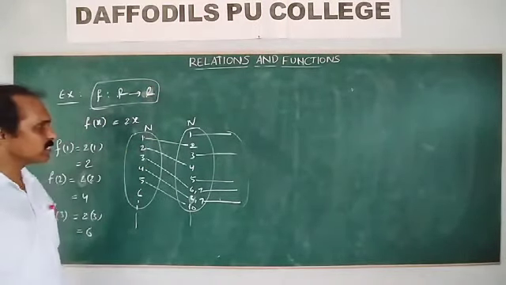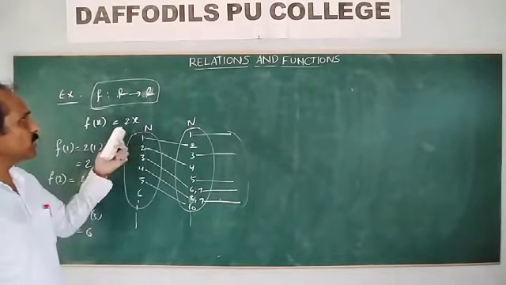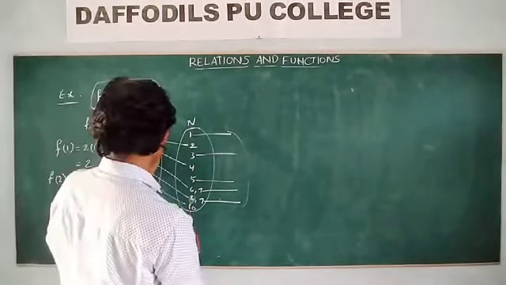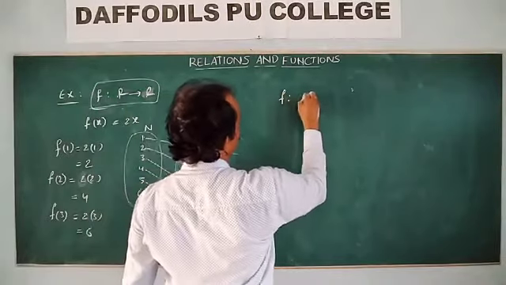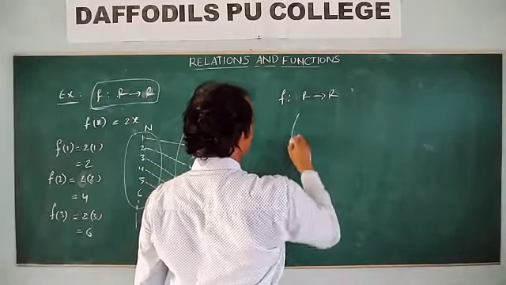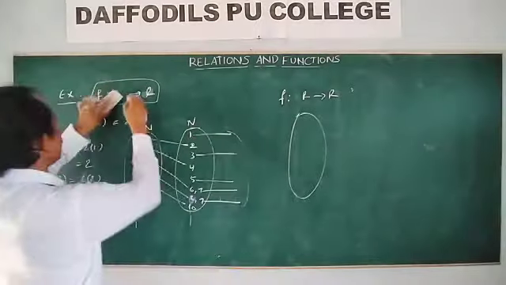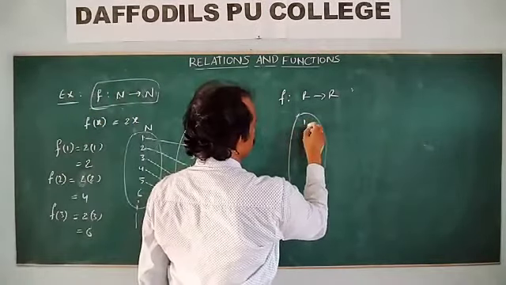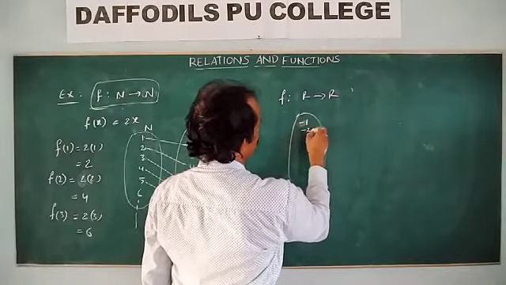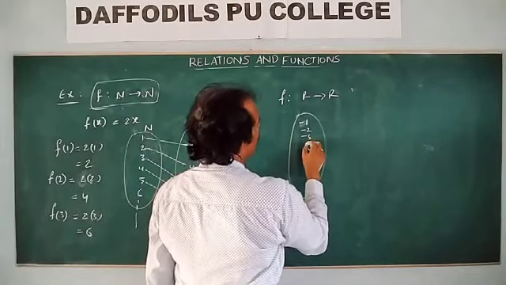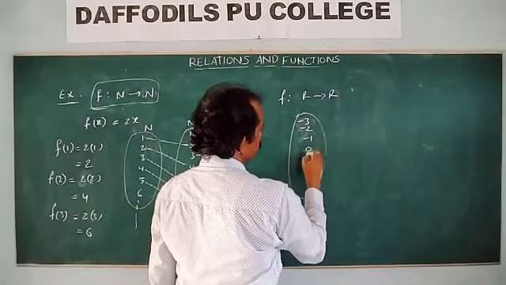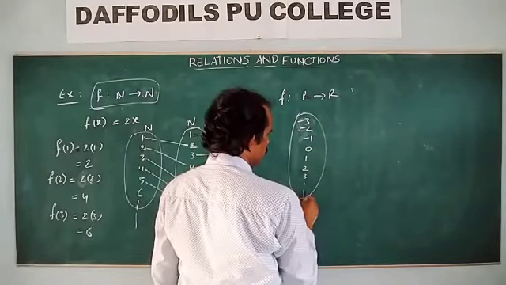Suppose we take R to R. F maps R to R. Leave this, this is N to N. Now -3, -2, -1, 0, 1, 2, 3, and so on.